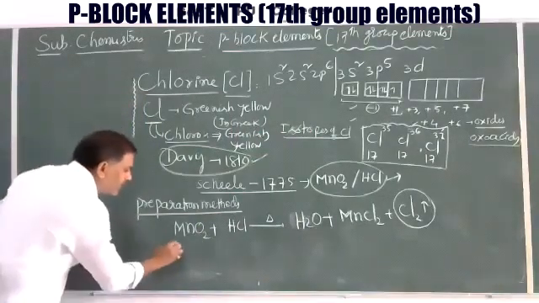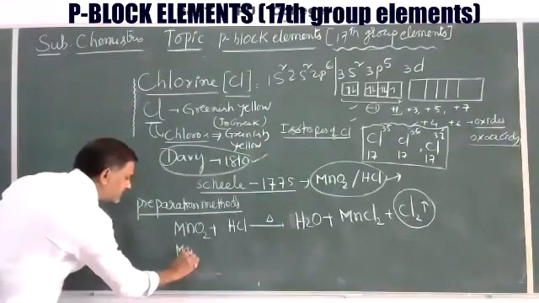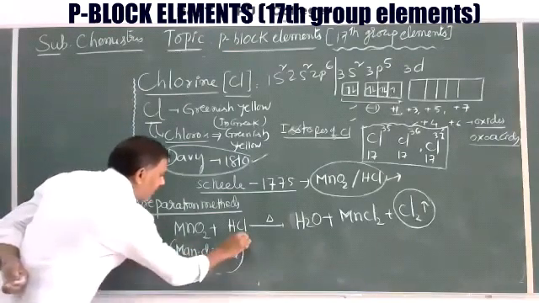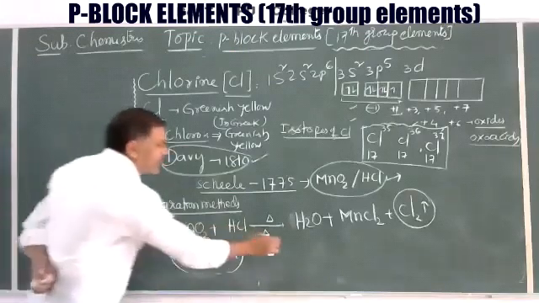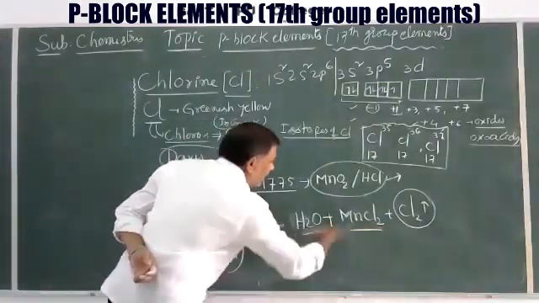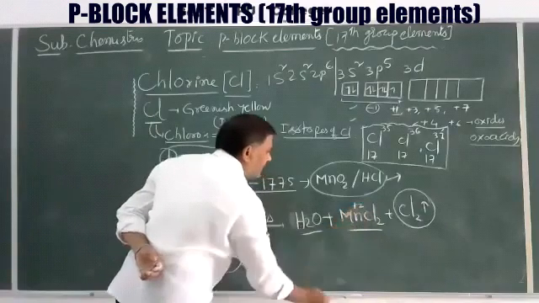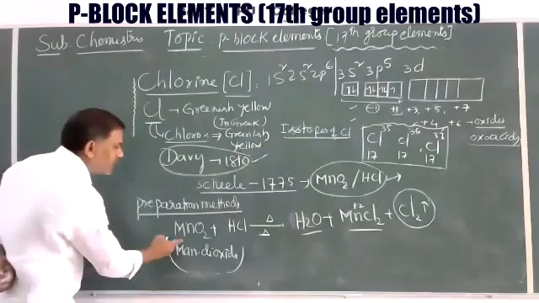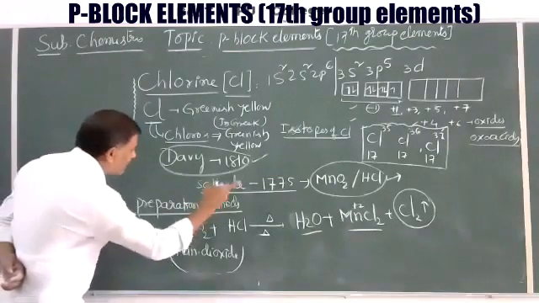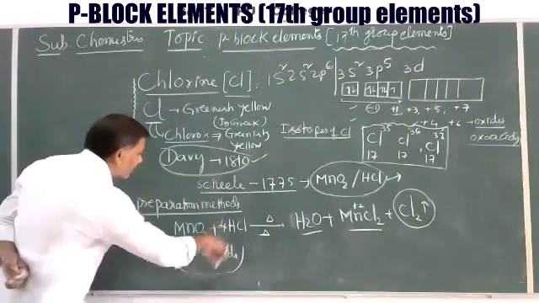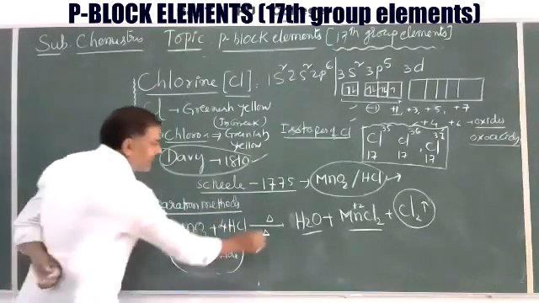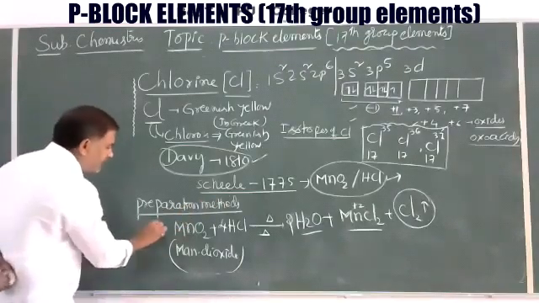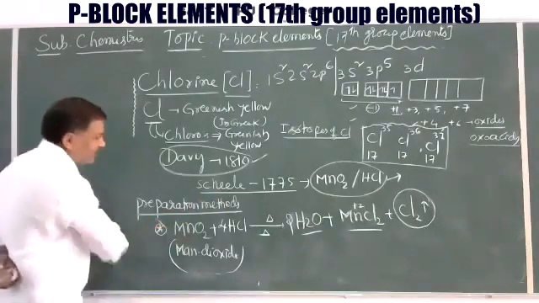Now here manganese is 1 and Cl2 is there, so we want 4 HCl. Then take 2 moles of water, and it is balanced. This is the very, very important first preparation method.